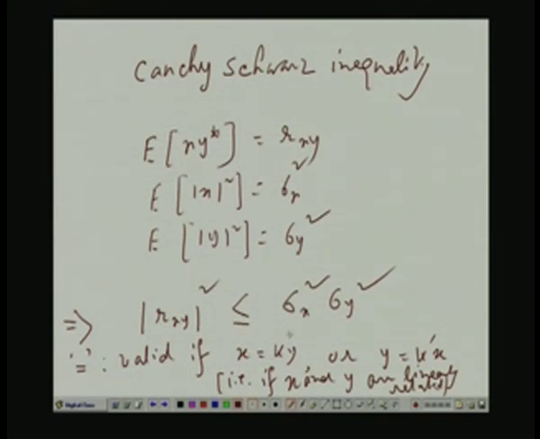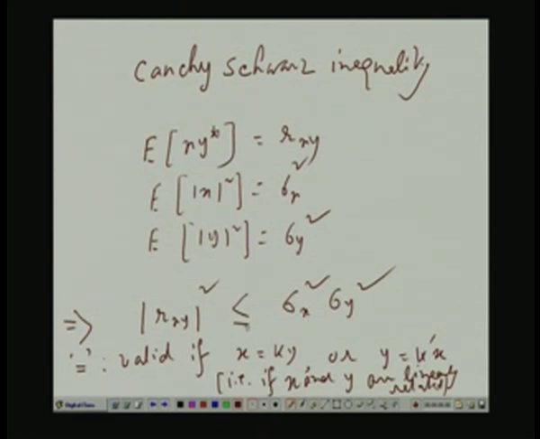So, you can say x is a multiple of y or y is a multiple of x, but suppose x is 0 and y non-zero. You can see one thing: in this inequality, suppose x is a 0 random variable and y is non-zero. In that case, the correlation is 0, and sigma x square is 0.